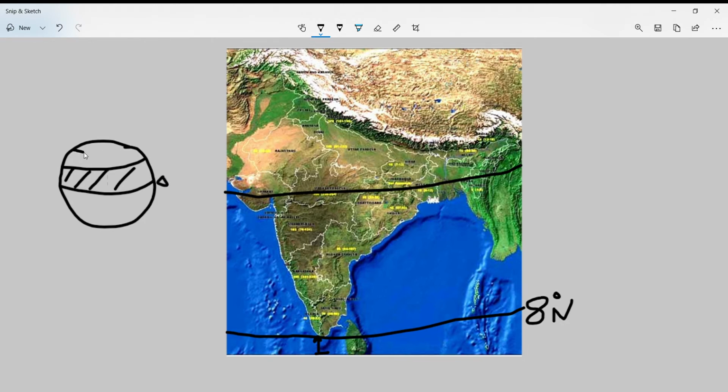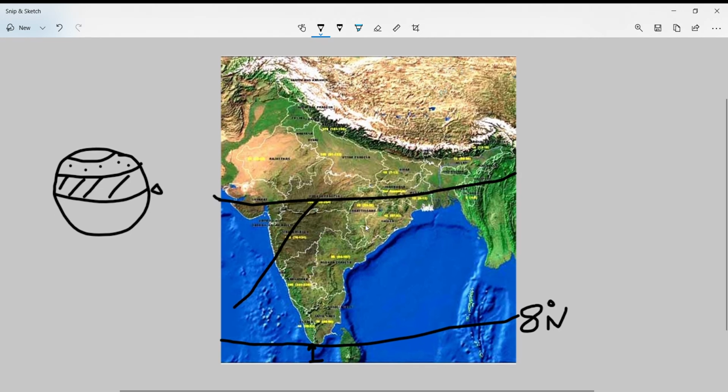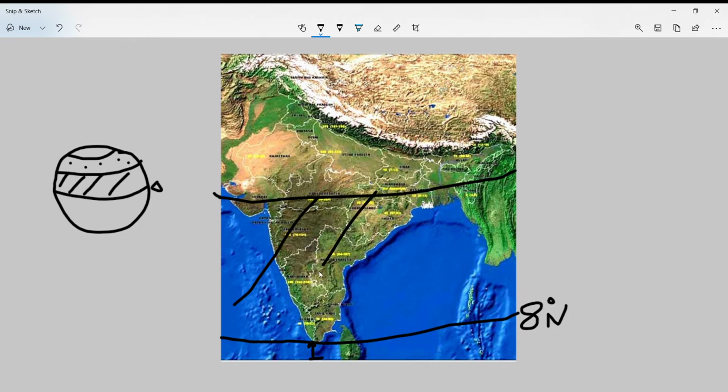From Tropic of Cancer to Arctic Circle is a temperate zone in area. Now, this is Tropic of Cancer. So you can say that India lies half in torrid zone and half in temperate zone.